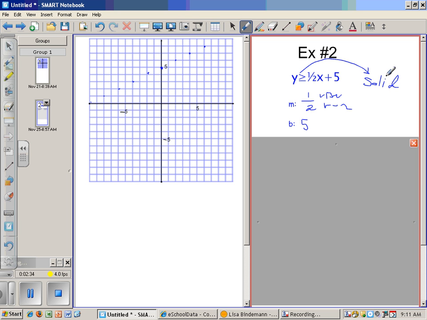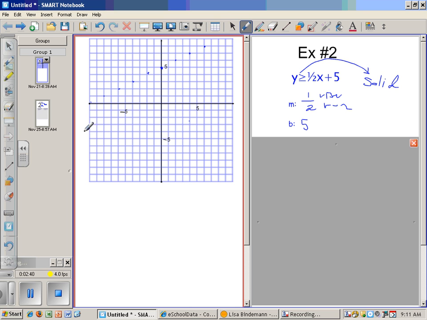The only time you do a dotted line is when it doesn't have that equal to sign underneath it. So let's connect this with a solid line. And we'll extend it throughout our entire graph. Little arrowheads on the top and the bottom.